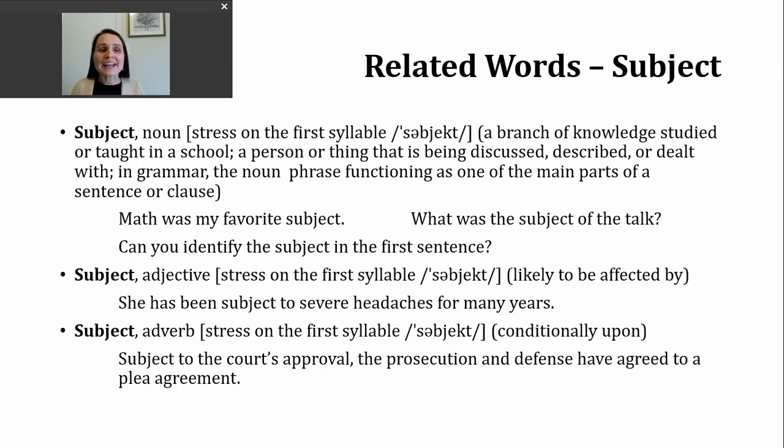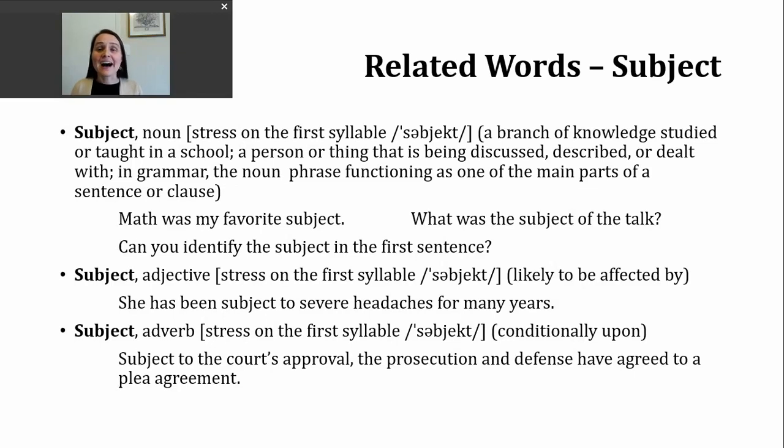A third way you'll hear subject used connects to English class, grammar class. And so in grammar, when people refer to the noun phrase that functions as one of the main parts of a sentence or a clause, many people in their early studies learned to have a complete sentence, you need a subject and a verb.